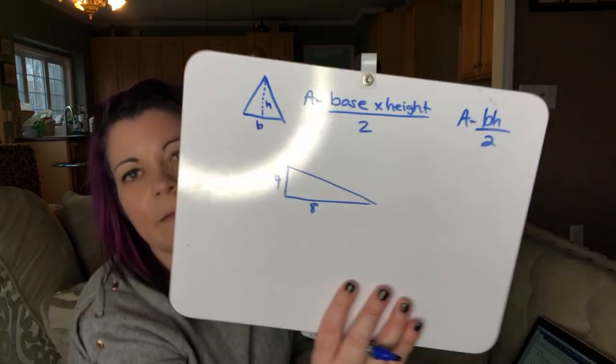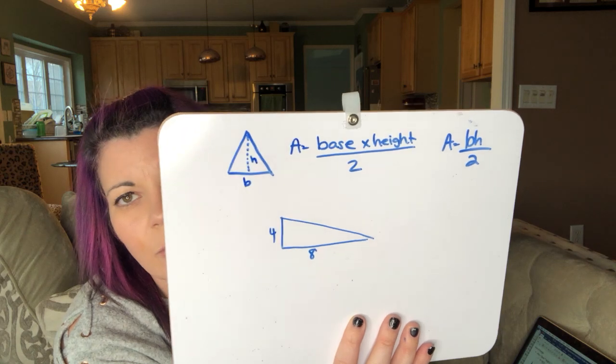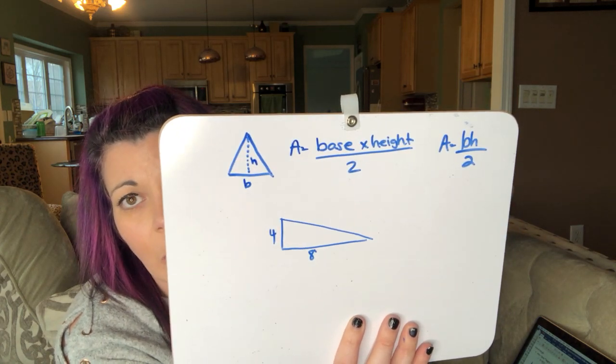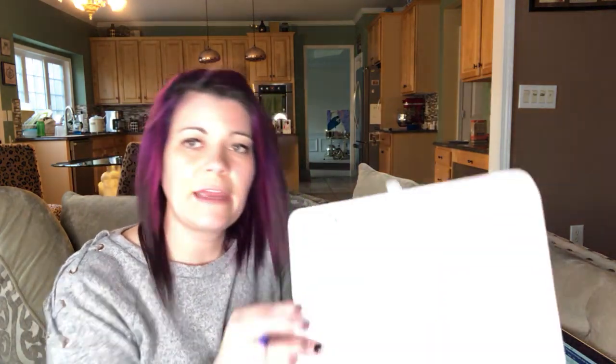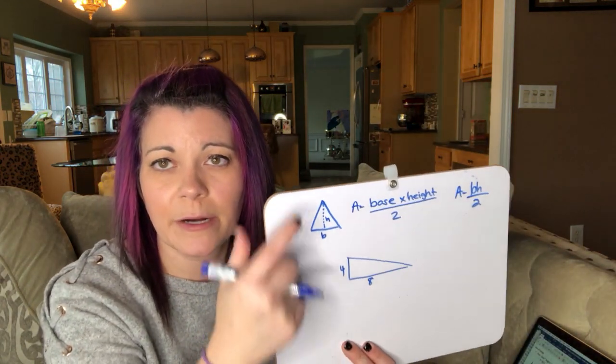Let's do another example. If this is it, base times height divided by 2. Here we have a right triangle, so we know the height is 4. So base times height. The height is never like the slanted part, okay? It has to go straight up from the base.